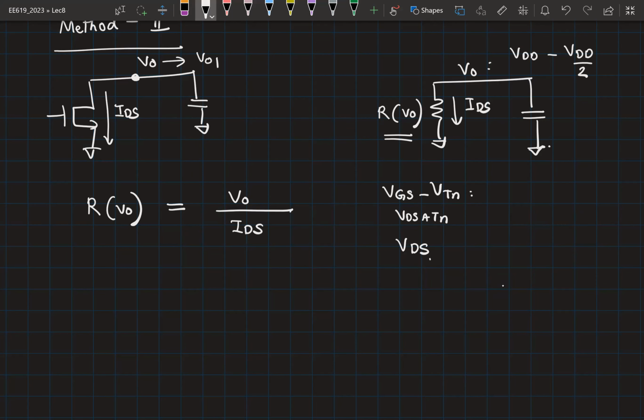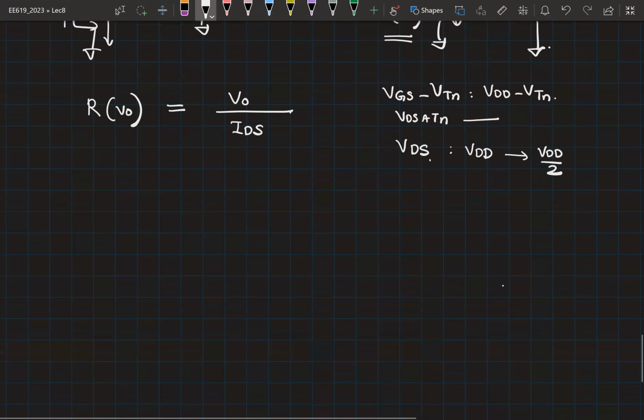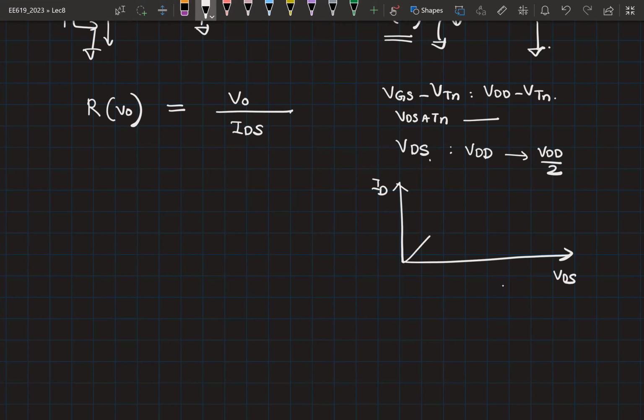What is VGS minus VTN? This is VDD minus VTN, right? VD sat n, whatever is the numerical value, you will have that. What about VDS? It will vary from VDD till VDD by 2. This is our region of interest. So if I plot the ID versus VDS curve, you are going to be operating from VDD to some VDD by 2.